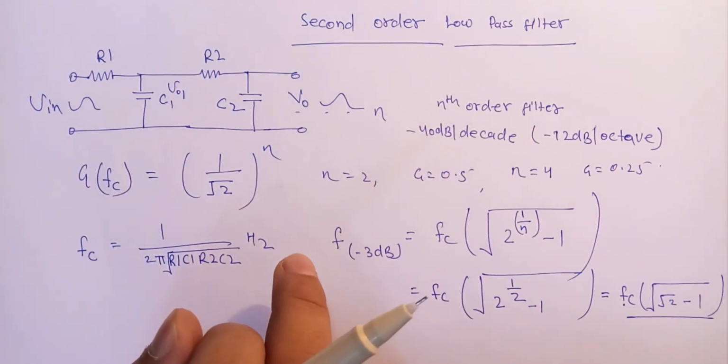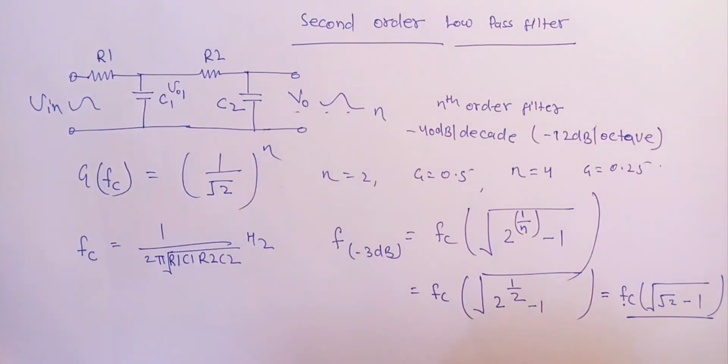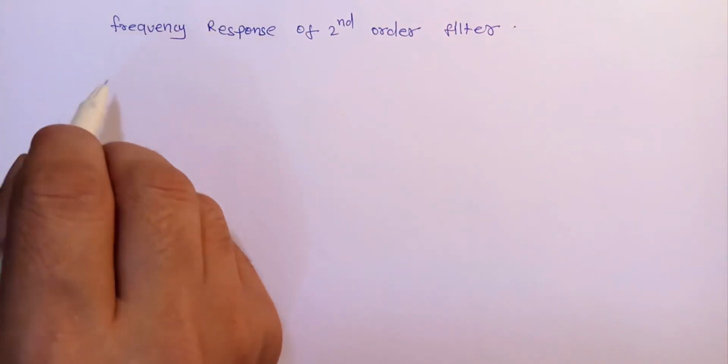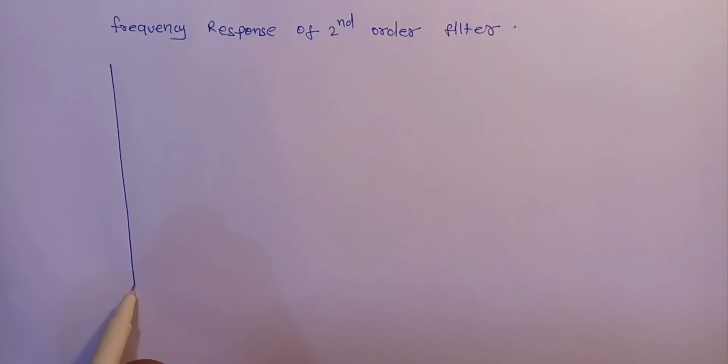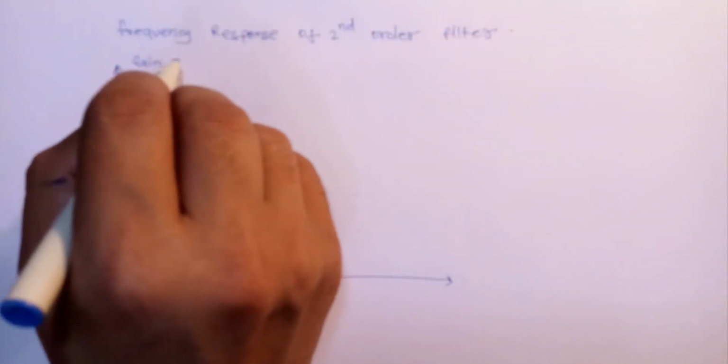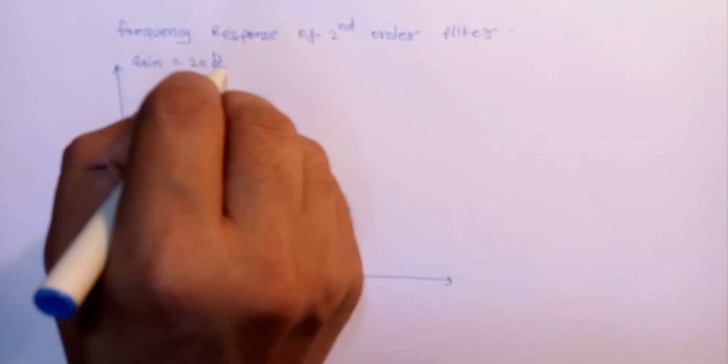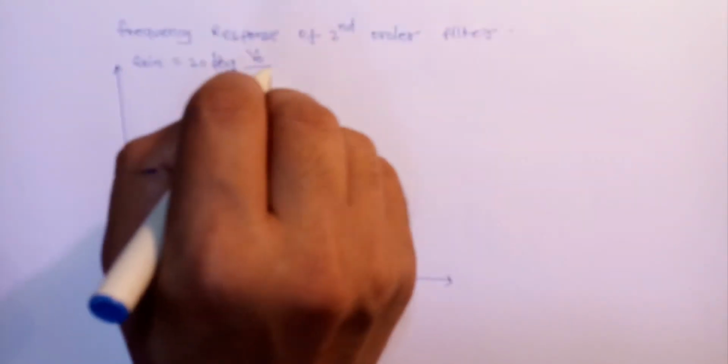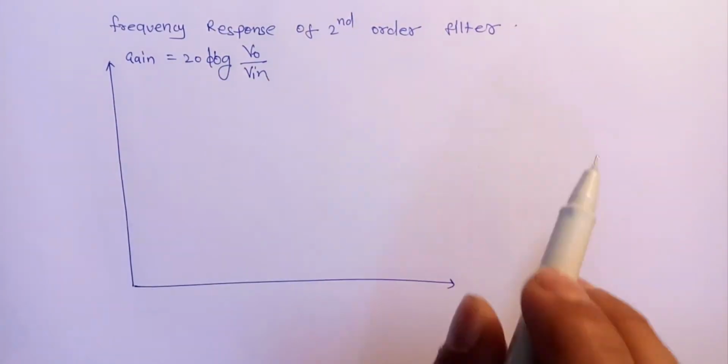Now similarly, let's see the frequency response of the second order low pass filter, as we have already seen the frequency response of the first order low pass filter. So let's draw the Bode plot. This will be the gain, of course, gain is 20 log V out upon V in.